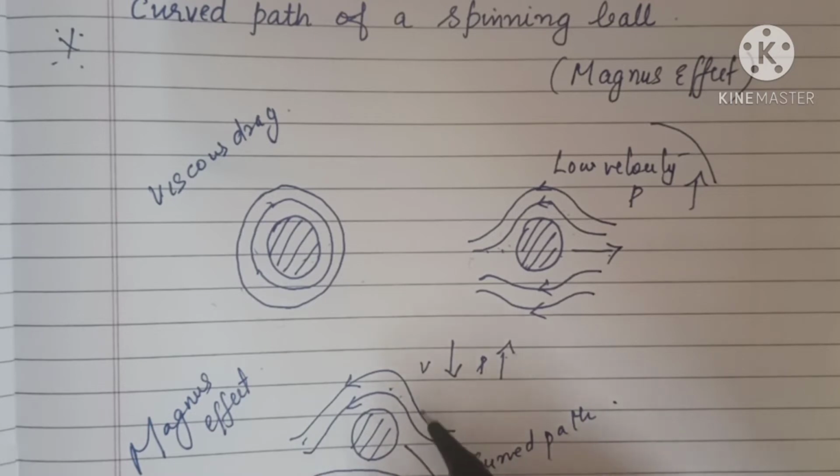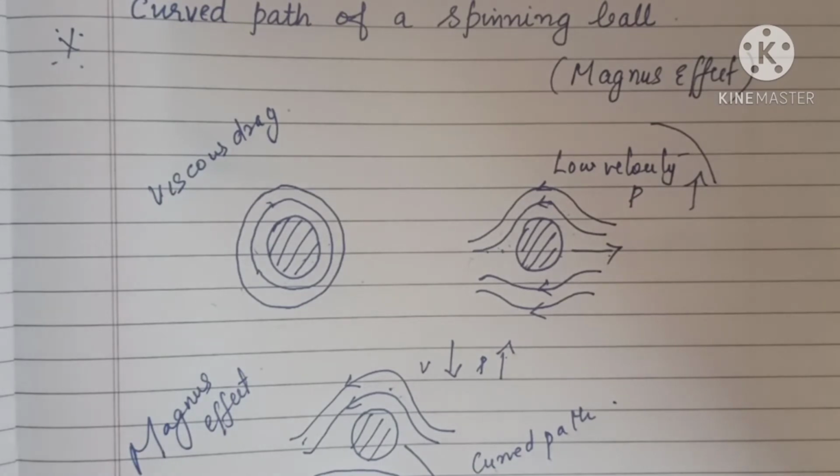Due to the difference in the pressure on two sides, the ball curves downwards in the direction of the spin. That is why there is a curved path for a spinning ball. In the normal case, it will follow a parabolic path, but in the case of a spinning ball, it follows a curved path because there is a change in pressure in the upper and lower layers of the ball.